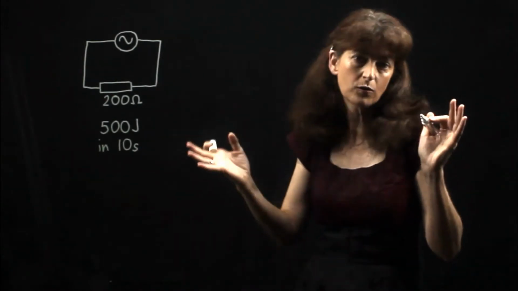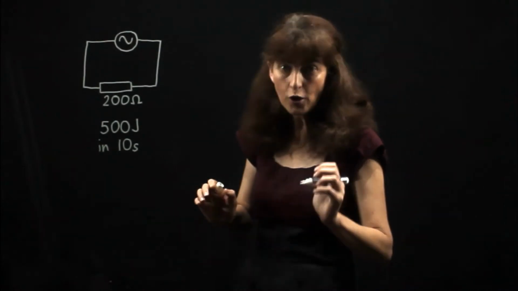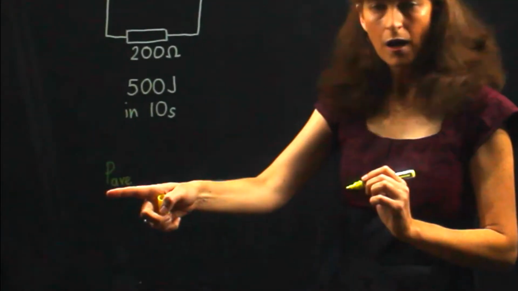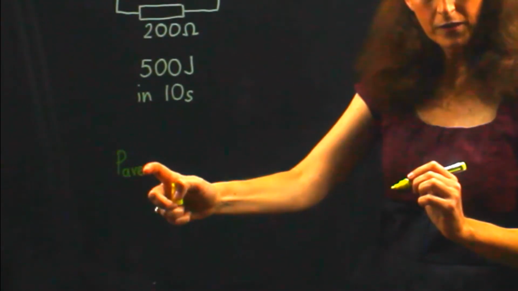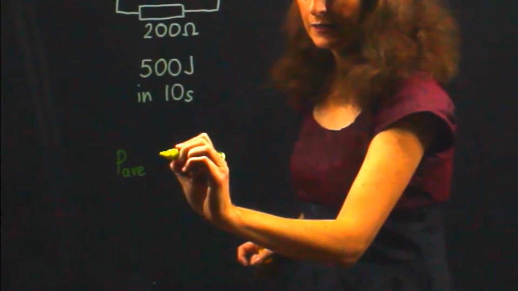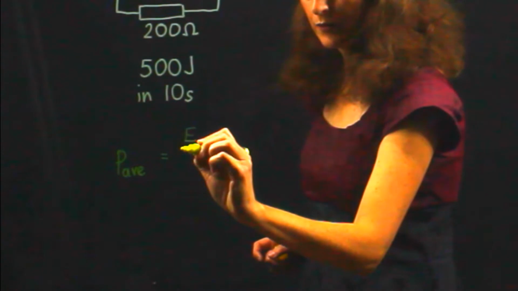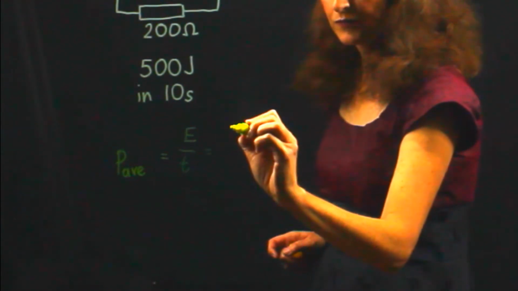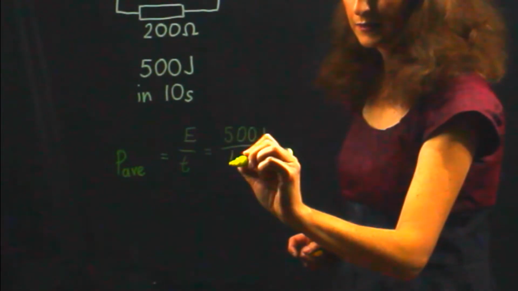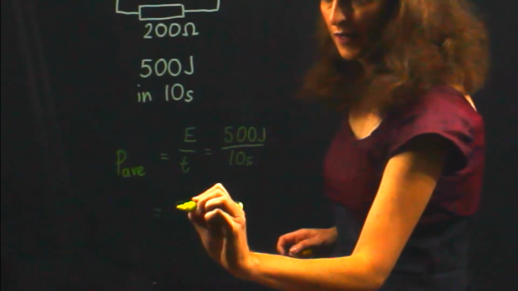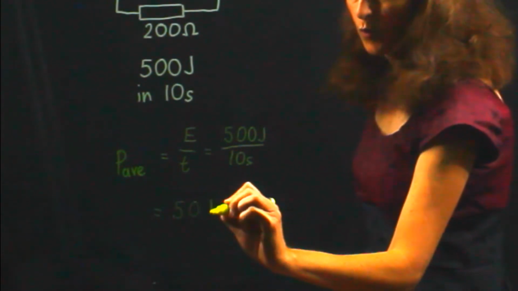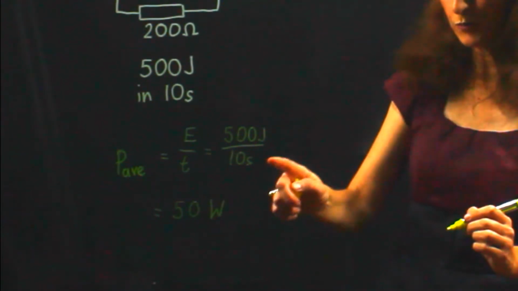So we can straight away just do that calculation because we know we are going to need that. Average power, don't forget to give this subscript over there, is equal to the energy dissipated per period of time. And it's 500 joules in 10 seconds, which gives us an average power of 50 watts. Watts also means joules per second.